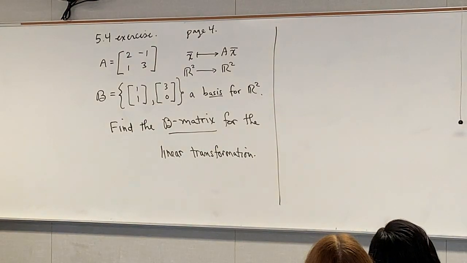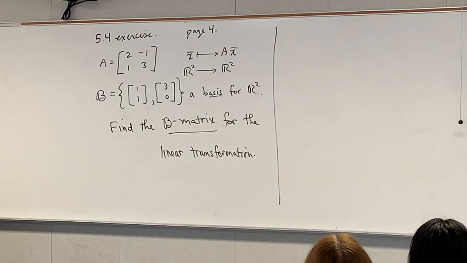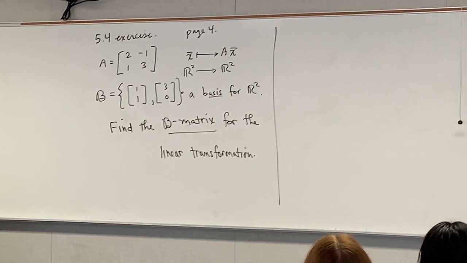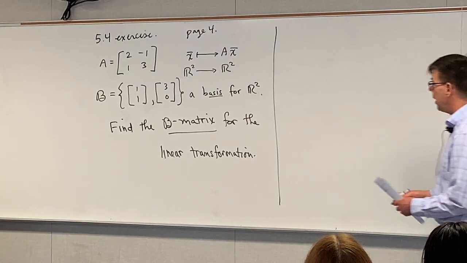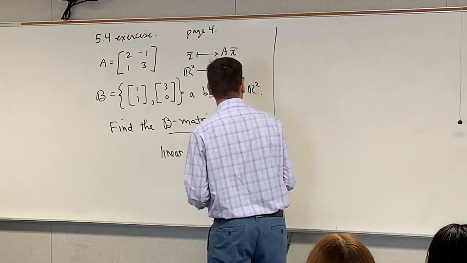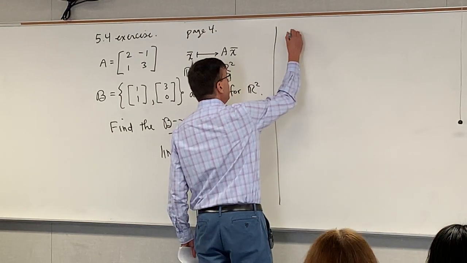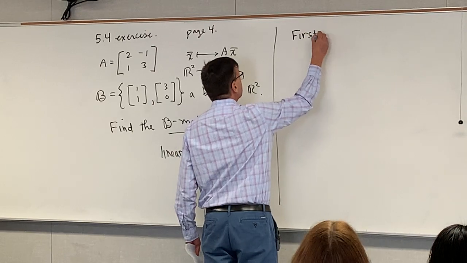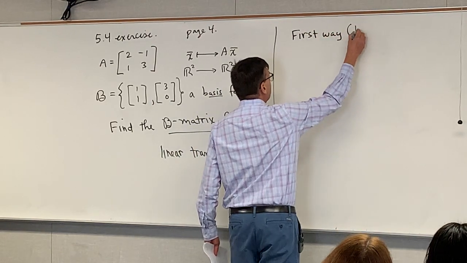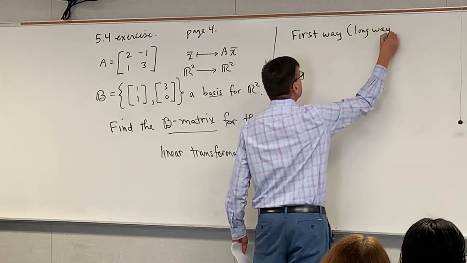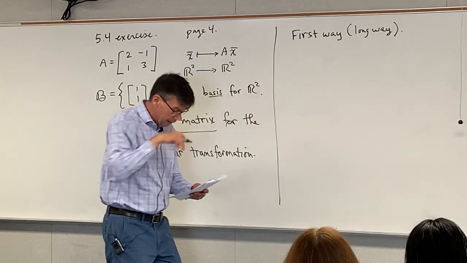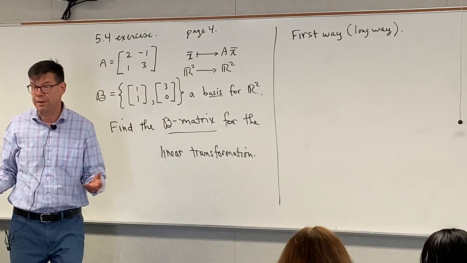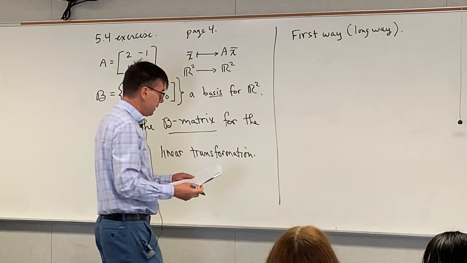One is the slick way. We'll do that second. And you may already get the slick way. It's based on similarity of matrices. But so the first way, you might call the long way, is to just approach things very naively, like we don't know anything that fancy.